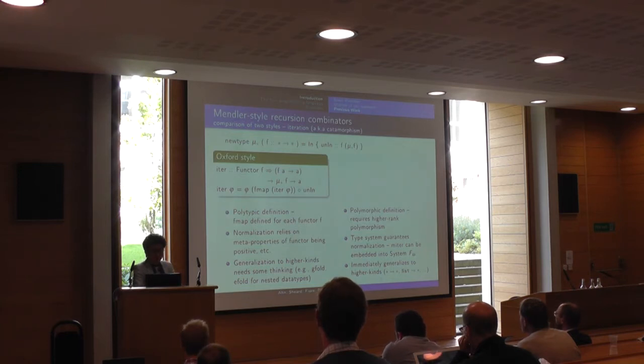And this definition is polytypic, and that's a polite way to say it's ad hoc. Which means that you have to define fmap for each type. You can automatically derive it, but you have to write it down, each different instance of it. And when you want to reason about why this is terminating, you have to rely on some meta properties about that.